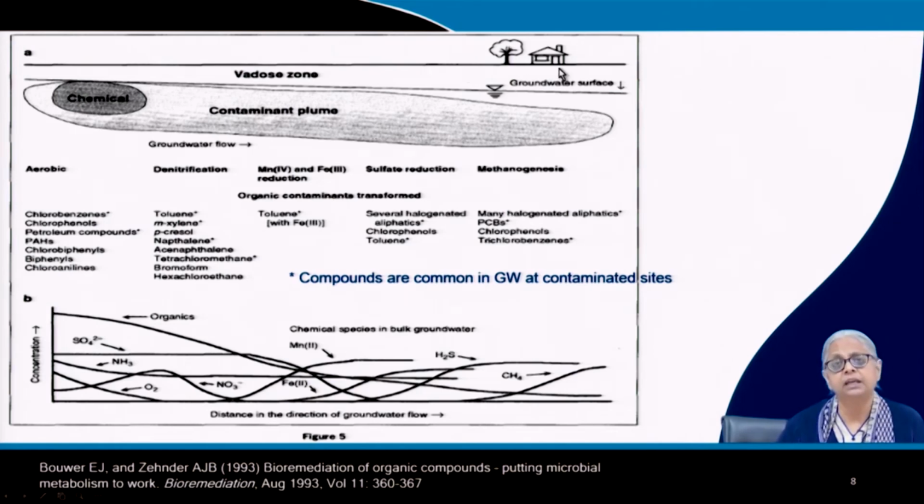Let us say, I always talk about leaking underground storage tanks which contain petroleum products. Next time you go to a petrol pump, just look around where the petrol is being stored. In general, most petrol pumps have underground storage tanks. Over a long period of time these tanks will probably start leaking at some point.